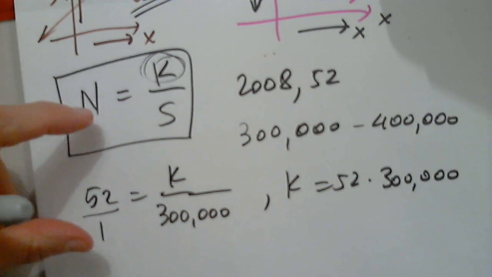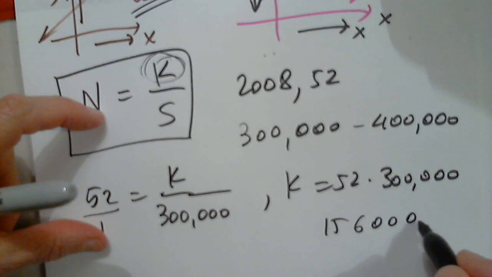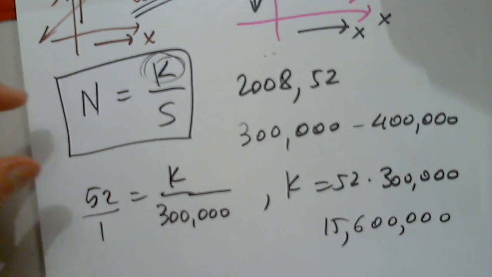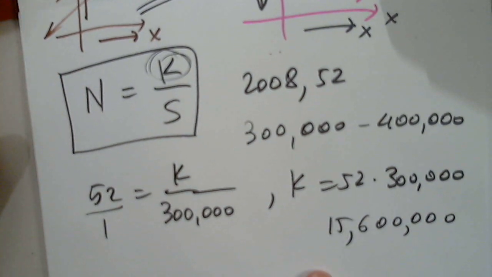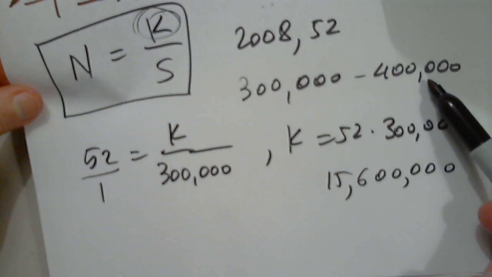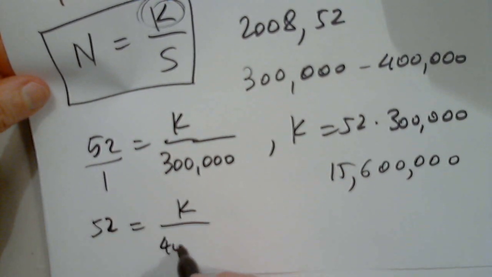Okay, I don't need a calculator for this. This is 6 and 15. And 1, 2, 1, 2, 3. Okay. Now, when we replace 400,000, 52 equals K over 400,000.